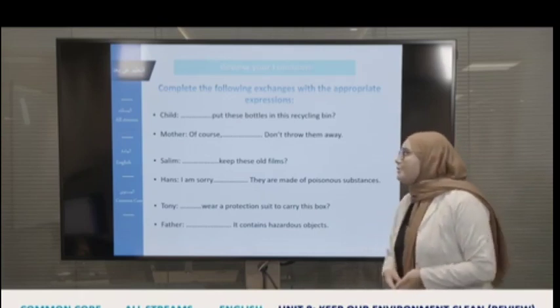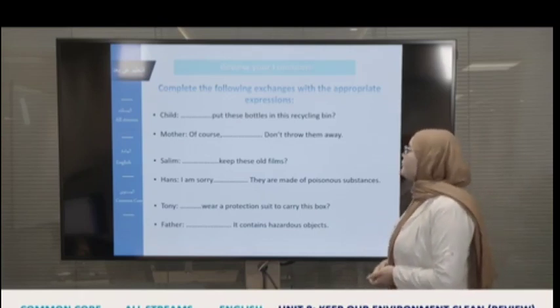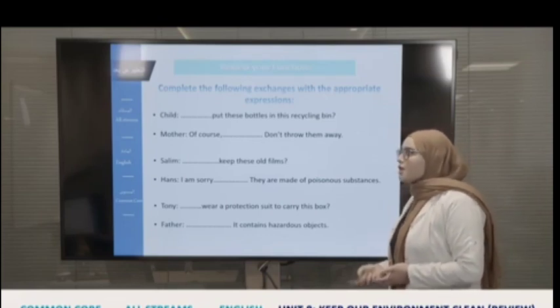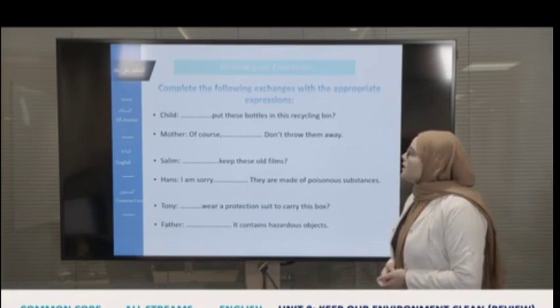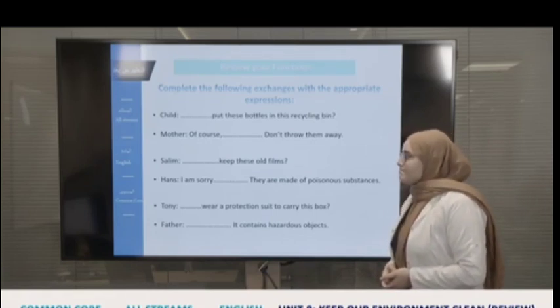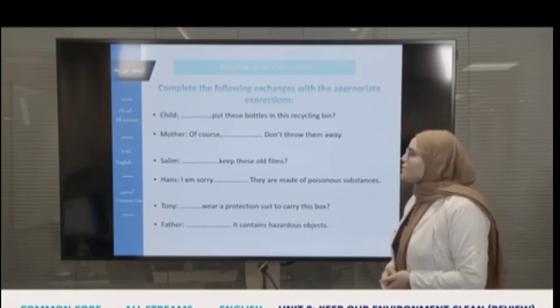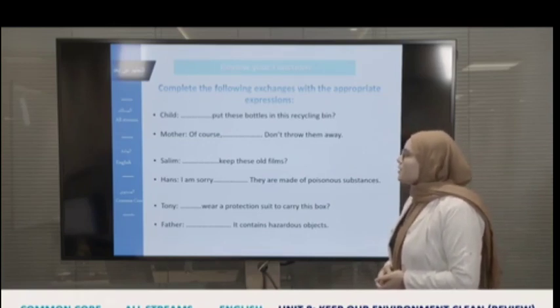So here we have to complete the following exchanges with the appropriate expressions. Number 1, an exchange between a child and mother. Child: put these bottles in this recycling bin. Mother: of course, don't throw them away. Exchange number 2, Selim: keep these old films.